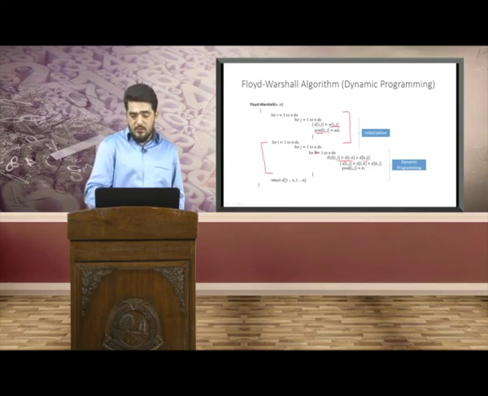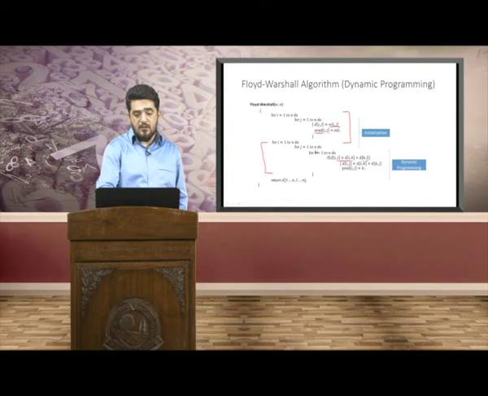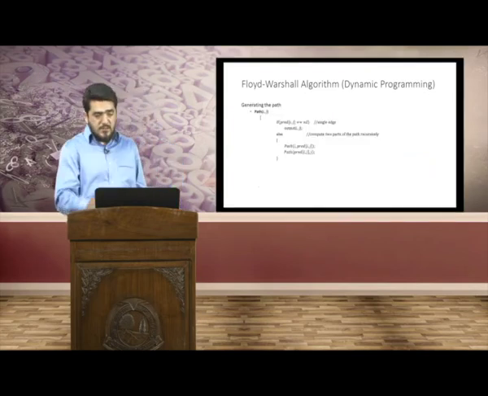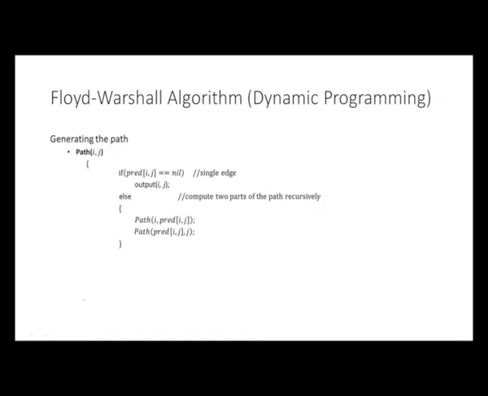So we'll see how we'll use this predecessor array to generate our final sequence. This is a small piece of code which uses the predecessor array maintained by the earlier algorithm to generate our sequence.